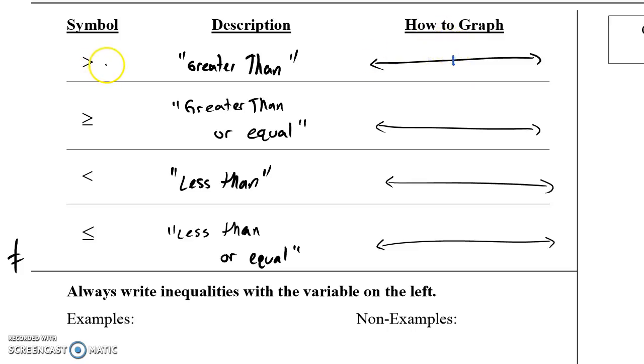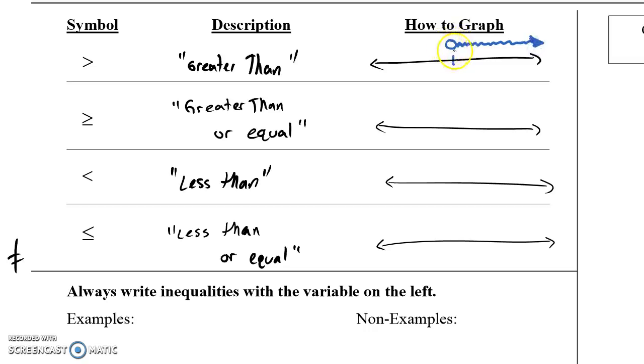To indicate the number that we're graphing at, I'm going to put a circle, but I'm not going to fill that circle in. It's going to be an open circle at whatever number we're focusing on. And again, since we're looking at these as arrows, and this is pointing to the right, I am going to shade in the number line to the right, including an arrow.